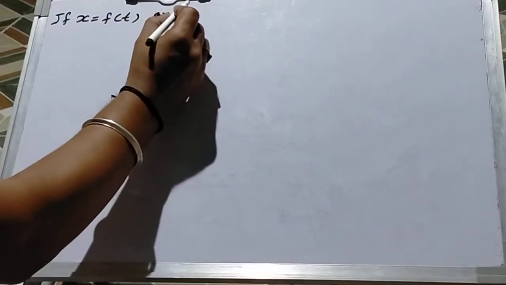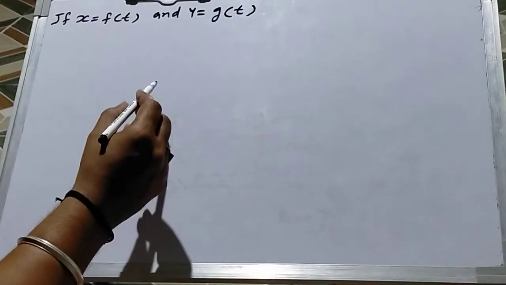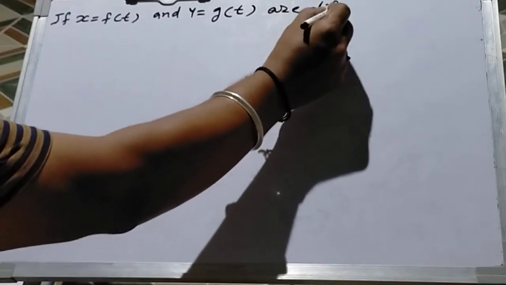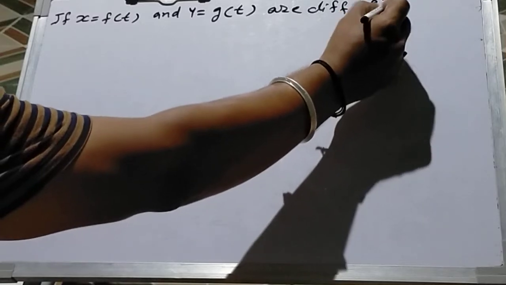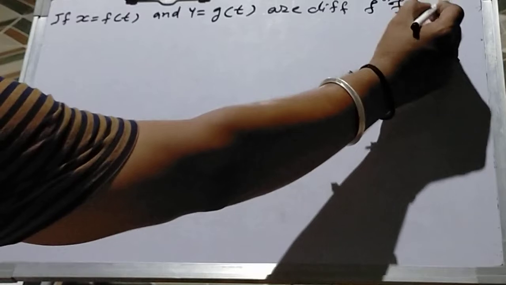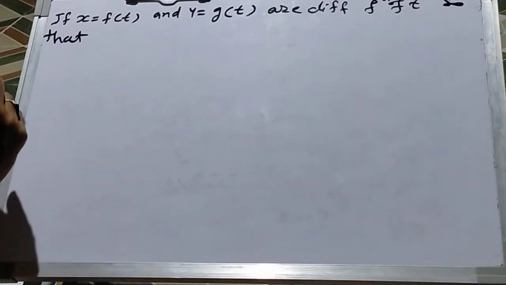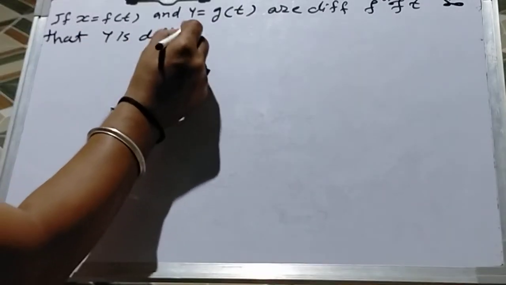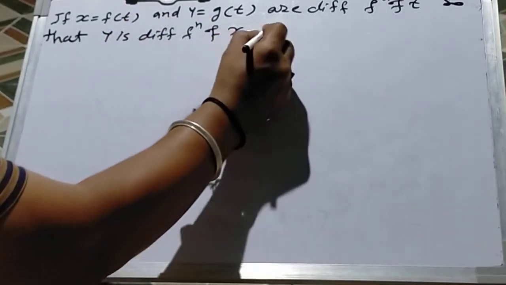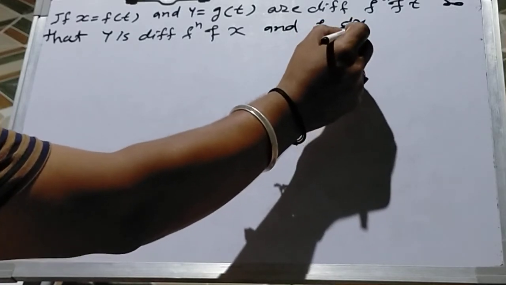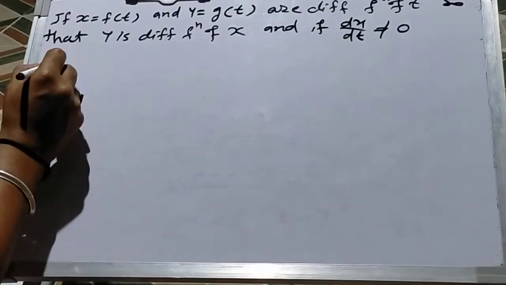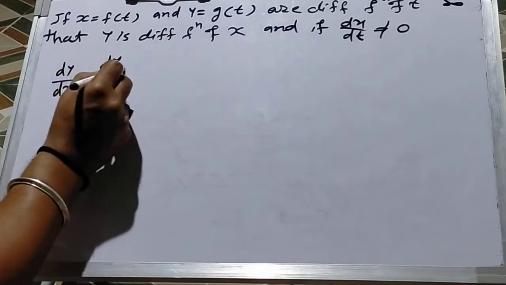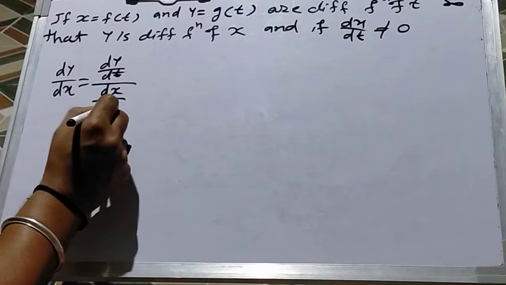The theorem is: if x equals f of t and y equals g of t are differentiable functions of t, so that y is a differentiable function of x, and if dx by dt is not equal to 0, then dy by dx equals dy by dt divided by dx by dt.